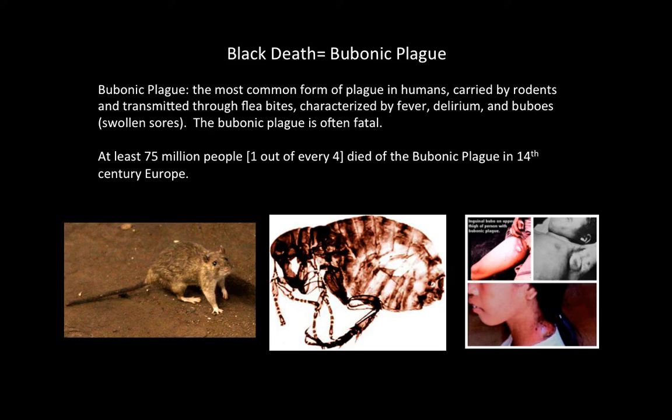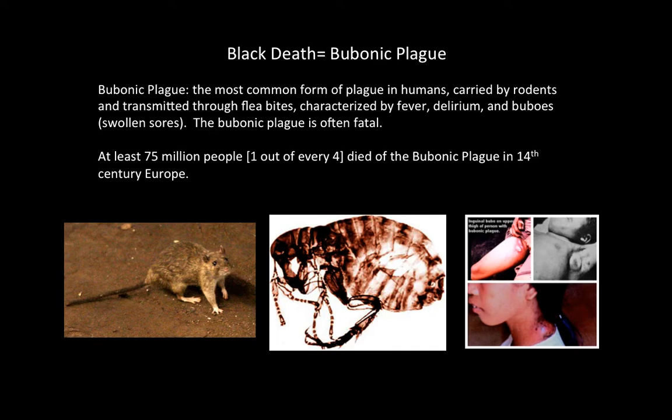First, in order to discuss the artwork of this time period, we have to talk a little bit about the Bubonic Plague. The Bubonic Plague is a disease, also known as the Black Death, and it's transmitted through fleas that have bitten rats that are infected with this disease and then later pass them on to humans.